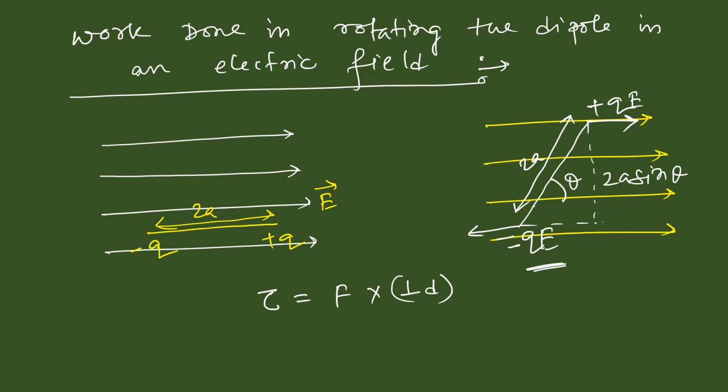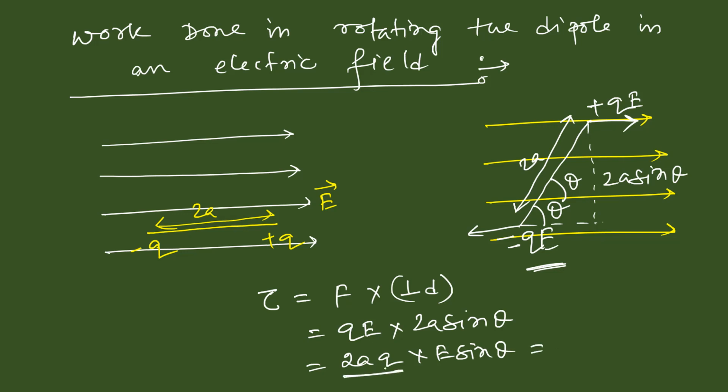The inclination angle is the same in this case also, the inclination angle is theta. So the perpendicular component we have just got as 2a sin theta. The force experienced by the charges is qE multiplied by 2a sin theta. So if we just do a small arrangement, this is 2aq multiplied by E sin theta.